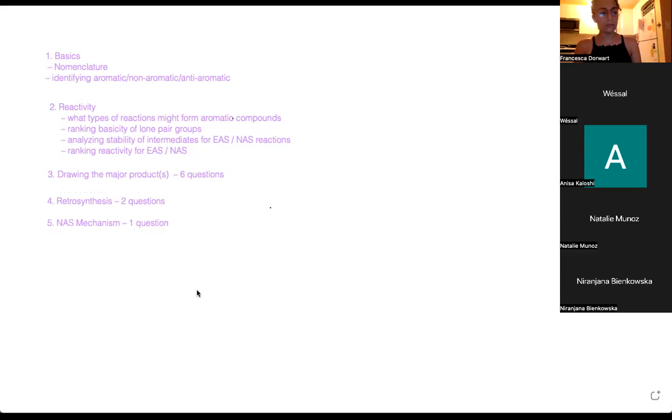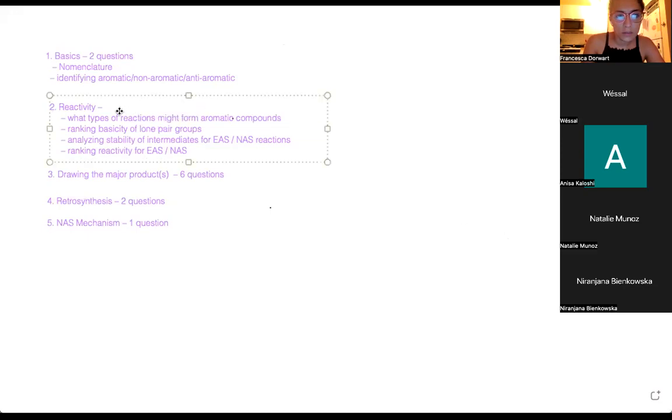All right. So this is the exam. So 5 sections. I think the basics is technically 2 questions, right? Nomenclature, identifying. Reactivity, I guess we have 1, 2, 3, 4 questions.